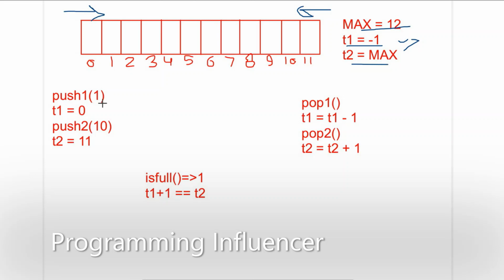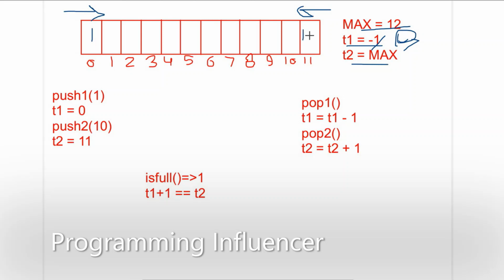Okay, let me show you. First we call push1 with 1. We push the element 1 into stack 1, and T1 will now be 0. Then we push 10 into stack 2.